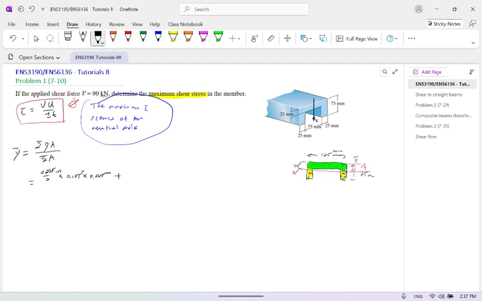Plus, because the same for this, 2 times the center, that's easy, 0.025 plus half of 0.075 minus 0.025. I will not repeat the details of this.